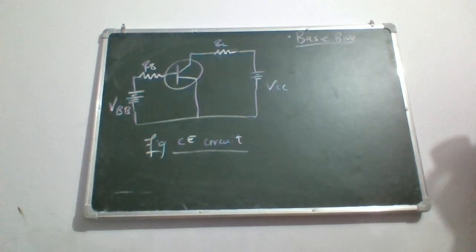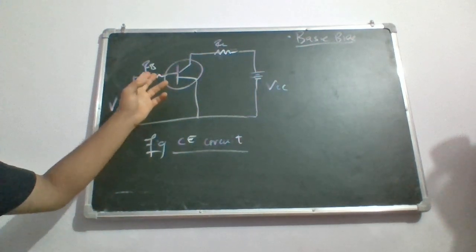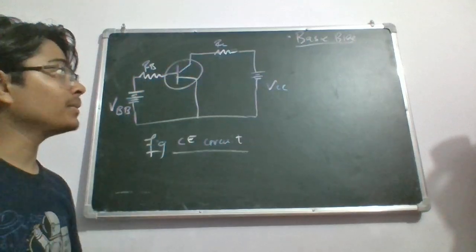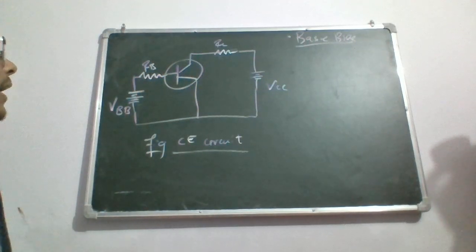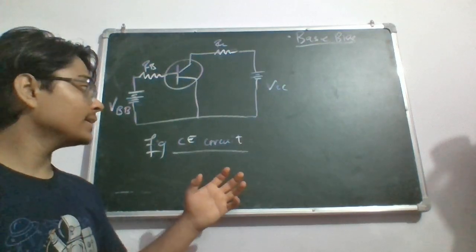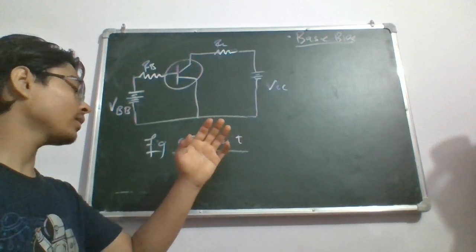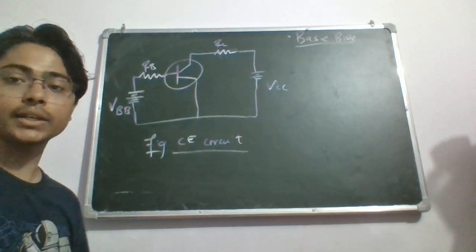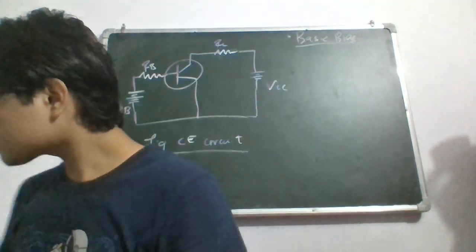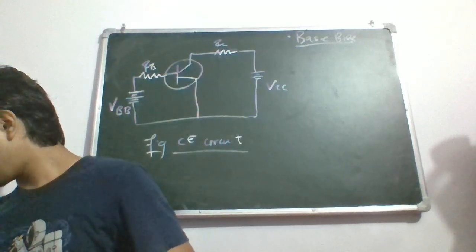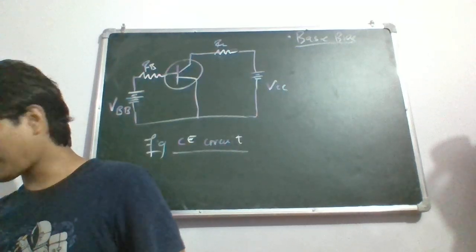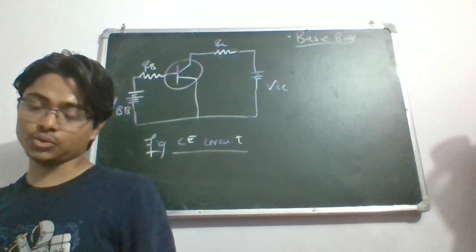What you did is you added some specific amount of resistance and voltages, and this is it. This is what base biasing of a CE circuit looks like. Now, this circuit can be drawn equivalently by using AC analysis also.